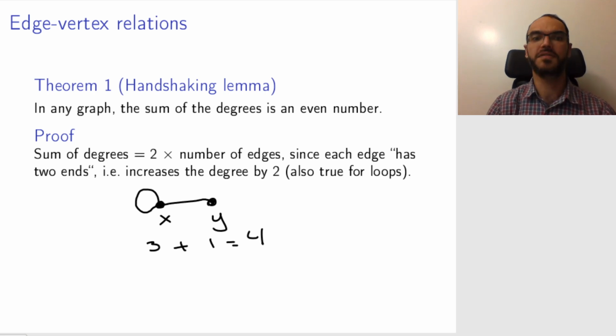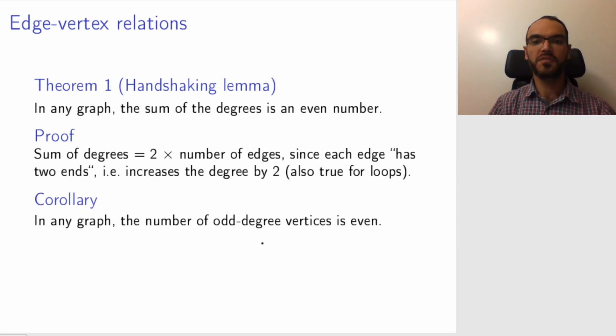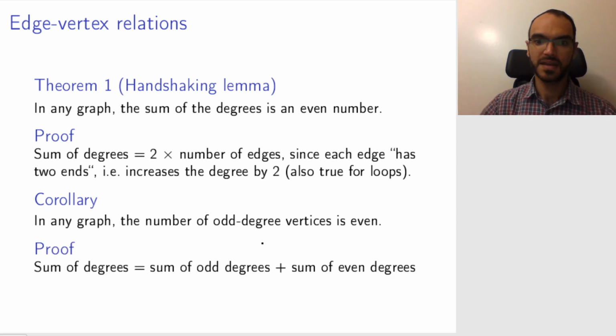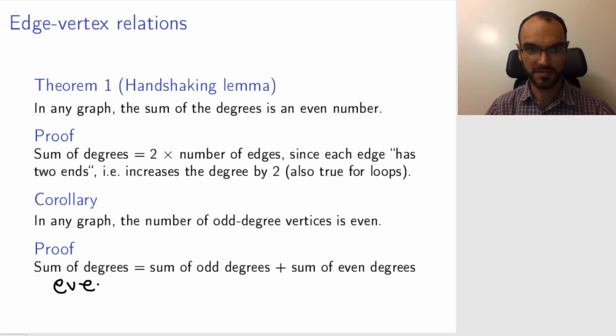As a consequence of this, the number of odd degree vertices is even. So in a graph, you will have a bunch of vertices. Some have a degree that is an even number, some have a degree that is an odd number. And the number of those vertices that have an odd degree is even. Why is that? It's because the sum of degrees, which we agreed by the handshaking lemma is an even number, is the sum of all the odd degrees plus the sum of all even degrees.